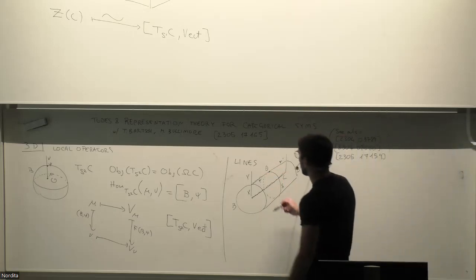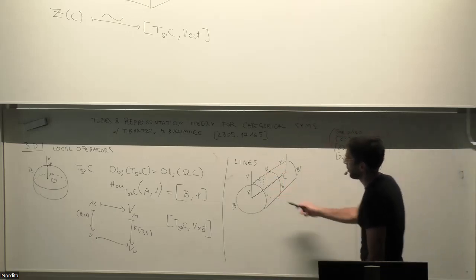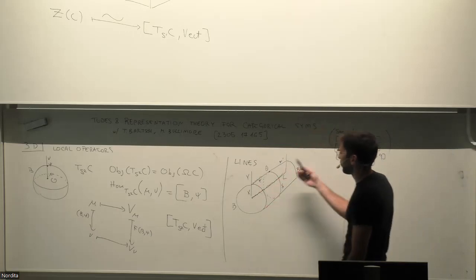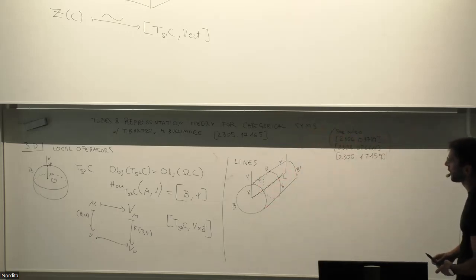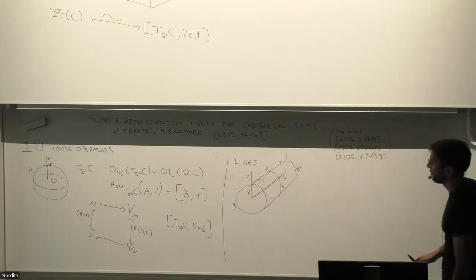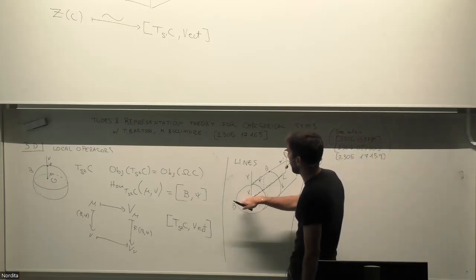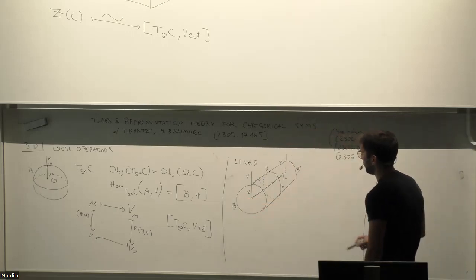Okay, so at this point, we see that we expect to go one degree higher in the categorical description, simply because we have to take into account 0-form and 1-form symmetries.